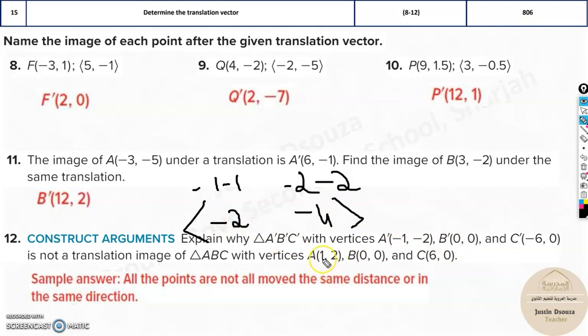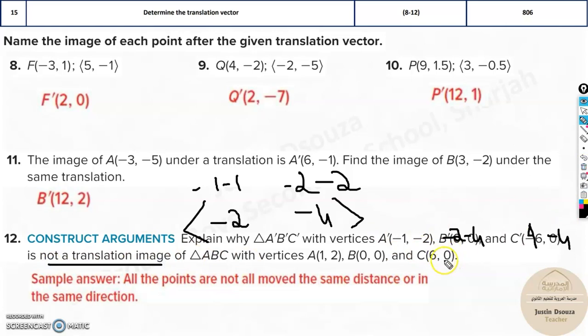So if I add minus 2 over here, I'll get minus 1 and minus 4. Yes. Now, whether this is a translation, add minus 2 to 0, you should have minus 2 and minus 4. Over here, it should have been plus 4 and minus 4. It's wrong. It's not a translation.